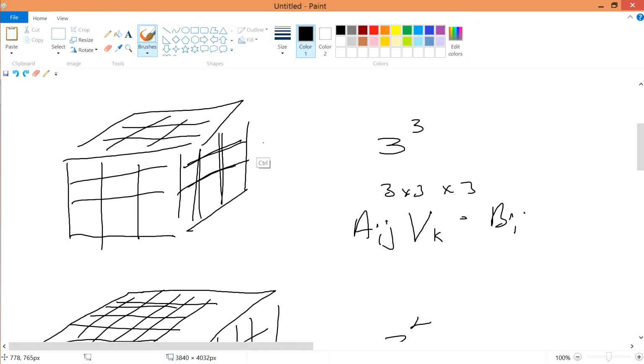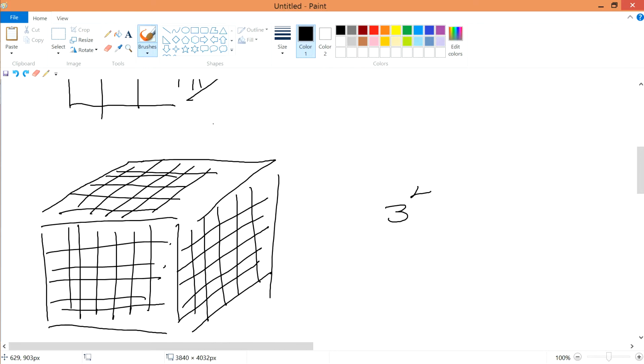But this isn't the case if you go to a 4th order tensor. A 4th order tensor doesn't mean that each of these is 3 stars over here. This isn't the meaning anymore.